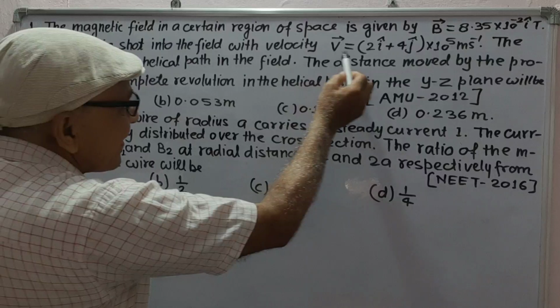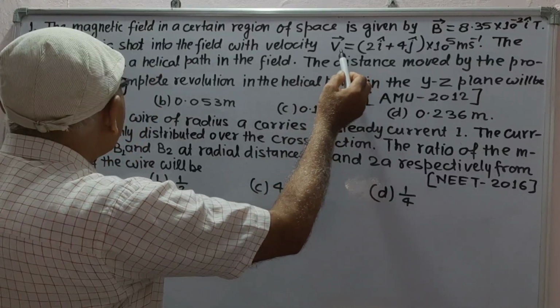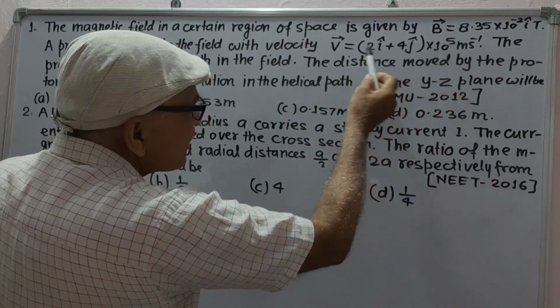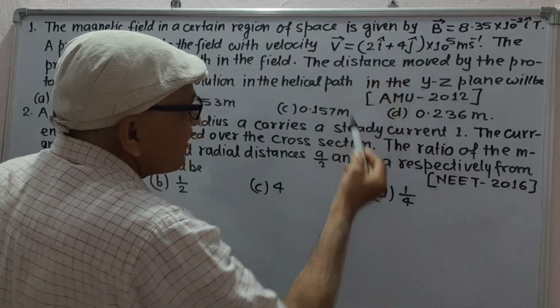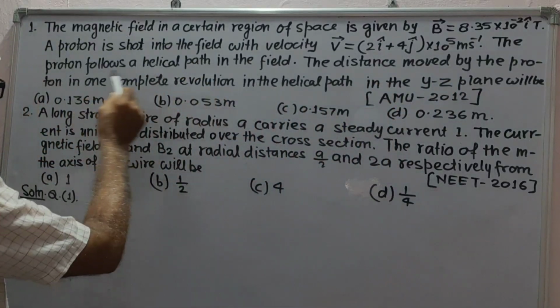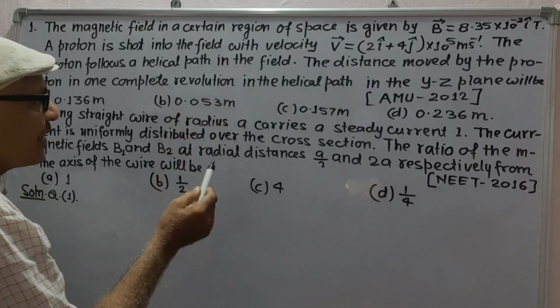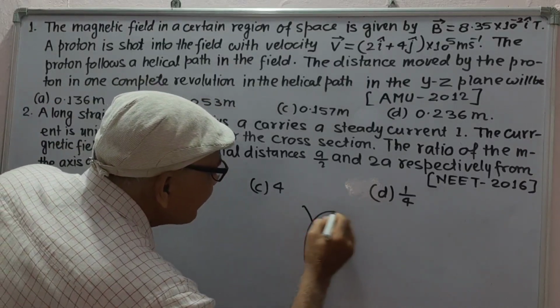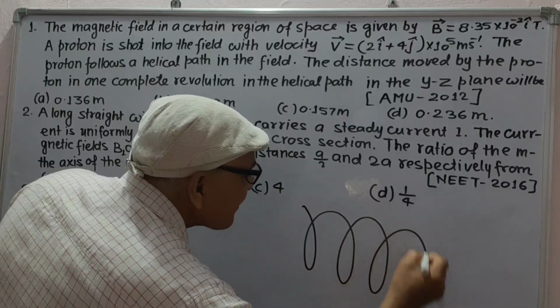As the velocity of proton moving in the uniform magnetic field has both the horizontal and vertical components, therefore it will move on a helical path, and we know this is helical path.